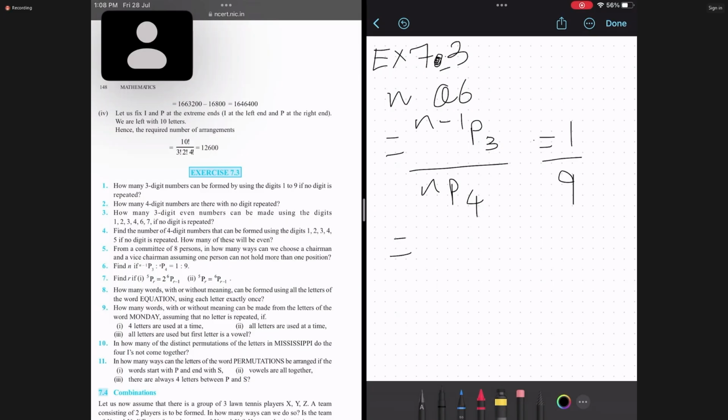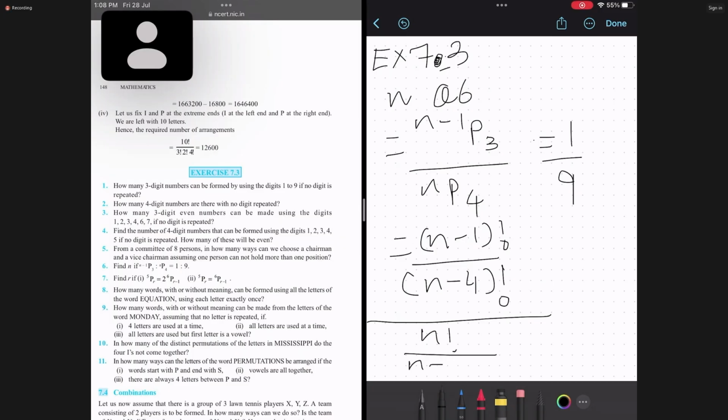So n minus 1 p3 would be n minus 1 whole factorial upon n minus 4 factorial, because n minus 1 minus 3 would be n minus 4, and subsequently the denominator would be n factorial upon n minus 4 factorial.